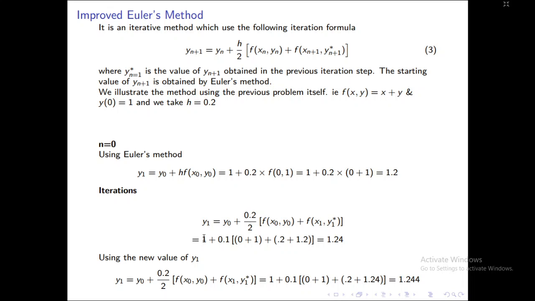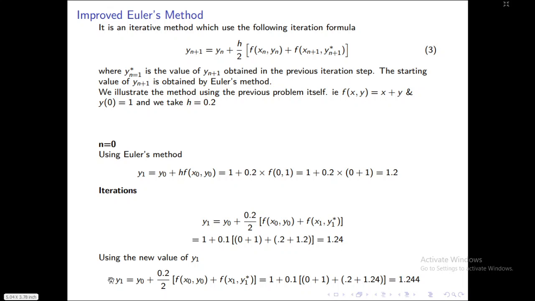Substituting, y1 is equal to y0, that is 1, plus h by 2, 0.2 by 2, 0.1, into f of x0, y0. x0 is equal to 0, y0 is equal to 1, so 0 plus 1, plus f of x1, y1 star. x1 is 0.2, y1 star is 1.2, that is 0.2 plus 1.2, is equal to 1.24. So that is a new value of y1.